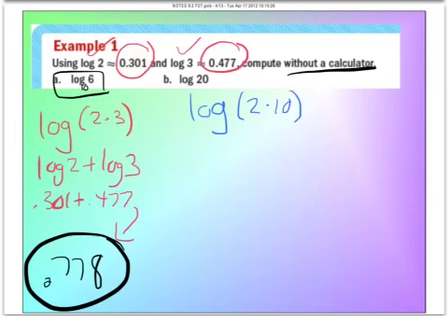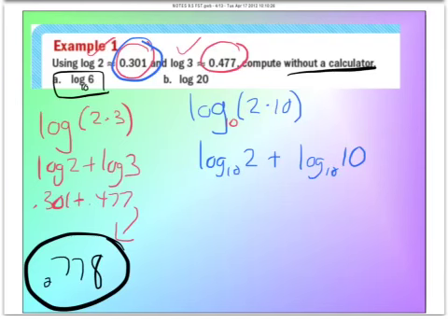Why that's important is because this is a log base 10 problem. So what I can do is pull this apart. I can do log base 10 of 2 plus log base 10 of 10. Log base 10 of 2 is the same as log of 2, so that is 0.301. But what is log base 10 of 10?